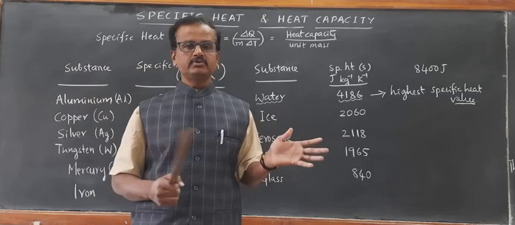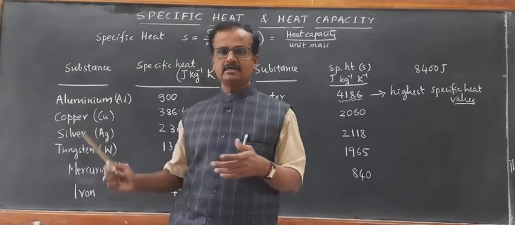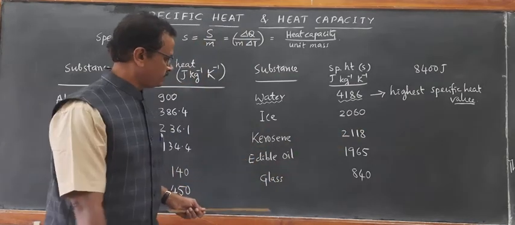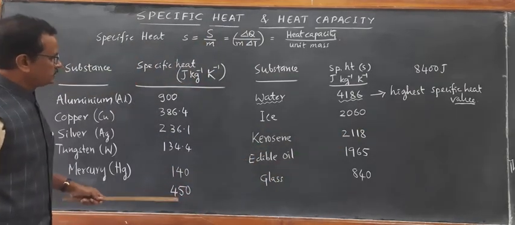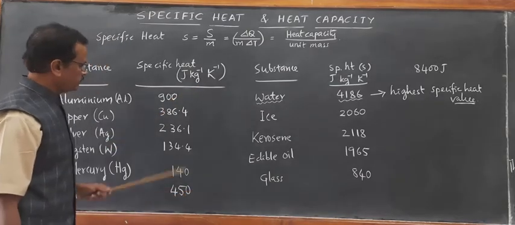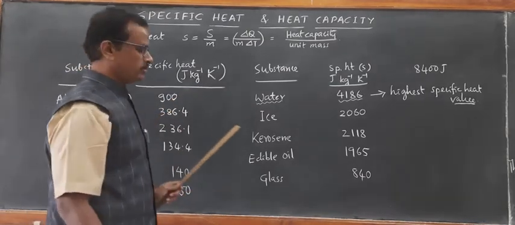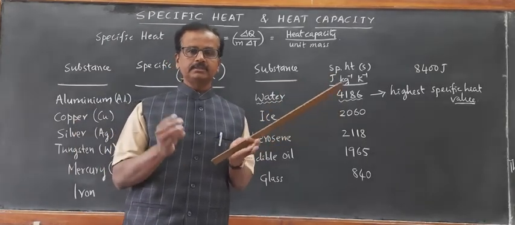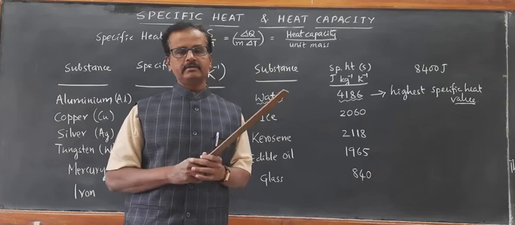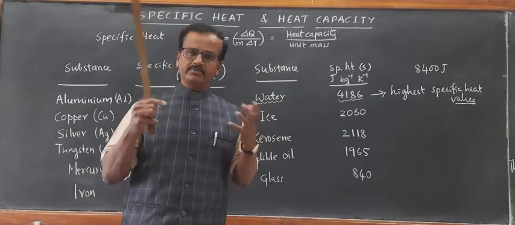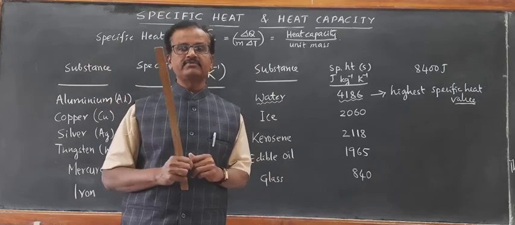Soil and rock, which will be consisting of all these minerals, aluminium, iron and all. Iron, you see, is having 450 joule per kg per Kelvin. Means iron, aluminium, copper, all these are present in the land, in the rocks and the sand. So land heats up very fast and cools off also very fast.